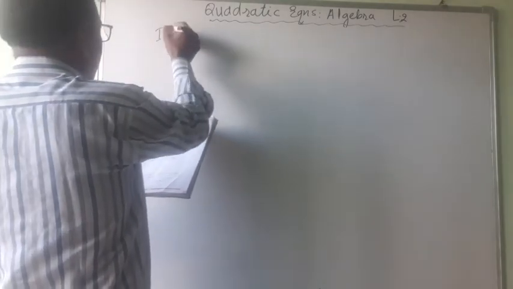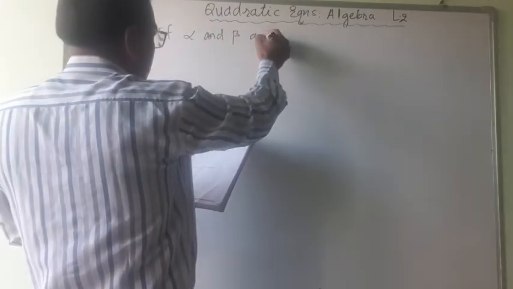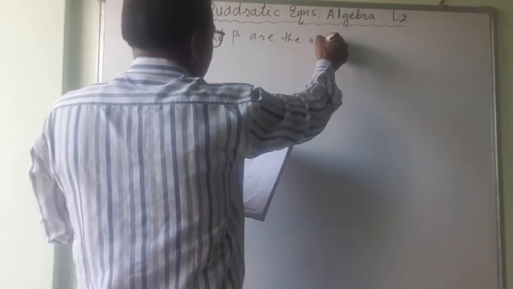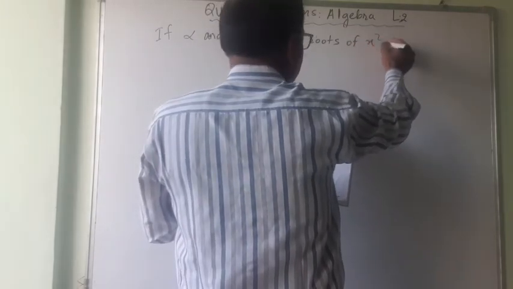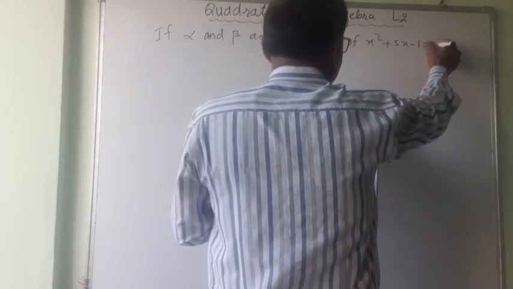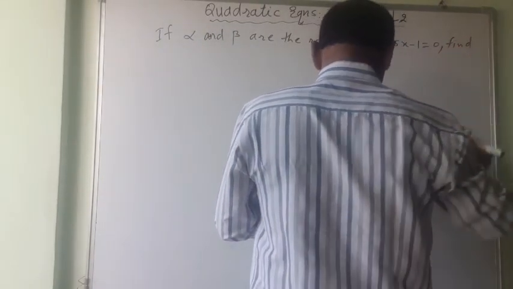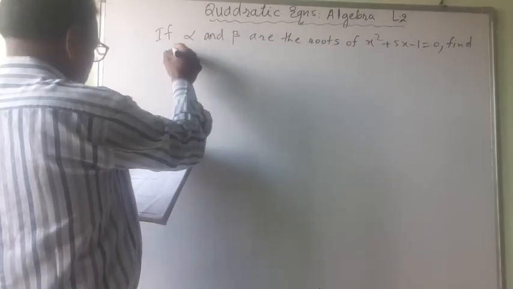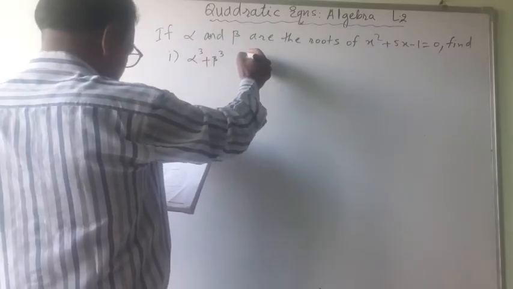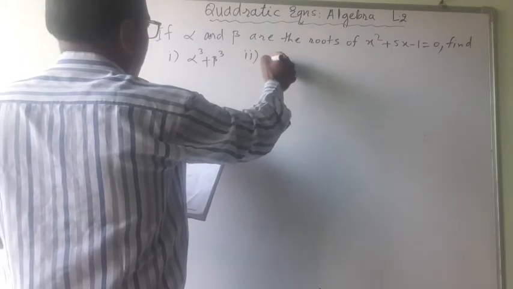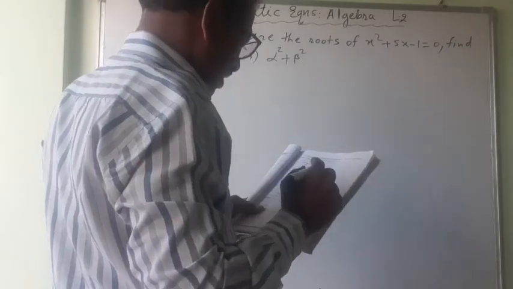If alpha and beta are the roots of x square plus 5x minus 1 is equal to 0, find first alpha cube plus beta cube, second alpha square plus beta square. This we have to find.